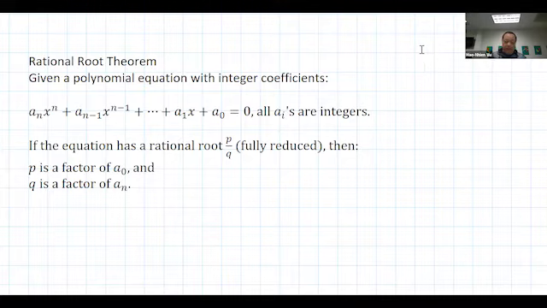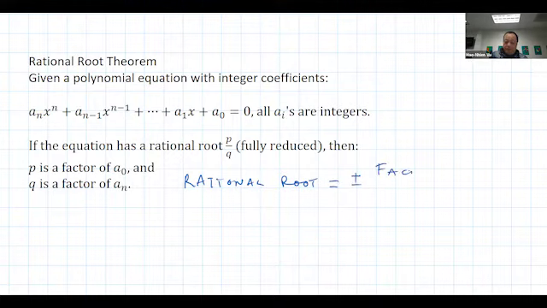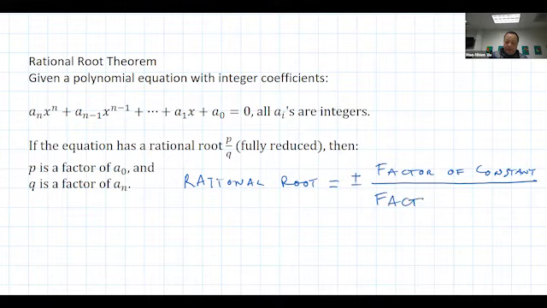And I like to think of it like this, that any rational root of the equation would have to be of the form plus or minus factor of constant divided by factor of leading.